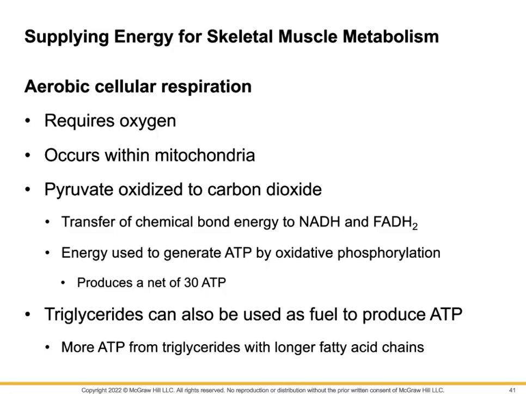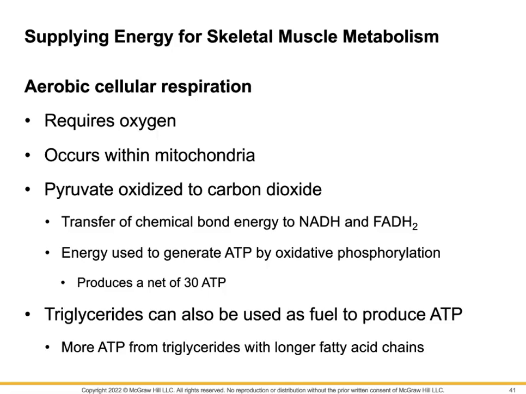Okay, that's where we unpack those and use that energy to power the pumps and create all of the ATP in the electron transport chain. Now, we can also use triglycerides as a fuel to make ATP, and we make more from triglycerides that have long fatty acid chains.